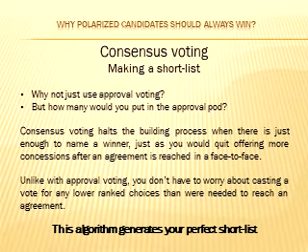Unlike approval voting, you don't have to worry about casting a vote for any lower ranked choices than were needed to reach an agreement. In other words, this algorithm generates a perfect shortlist.